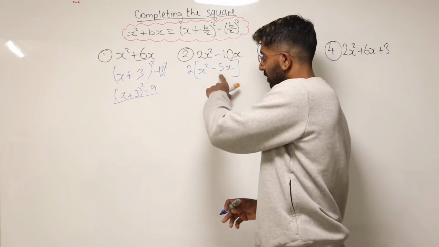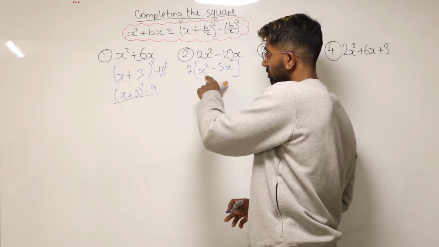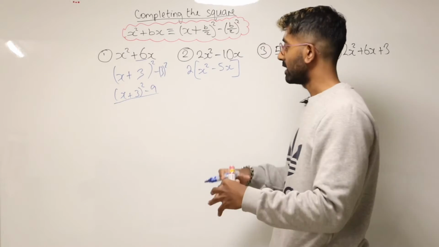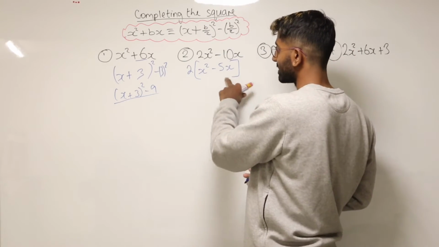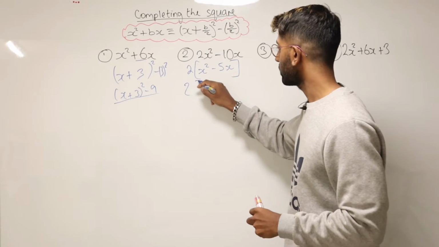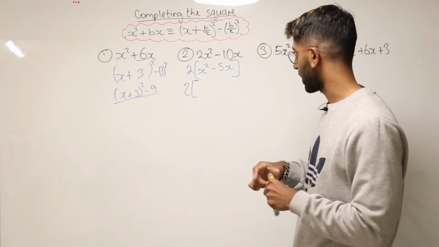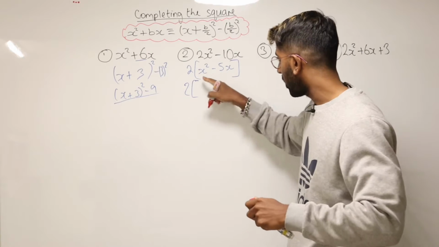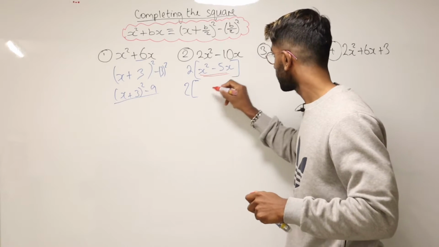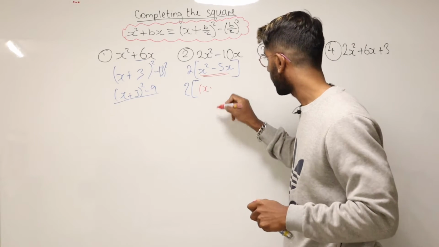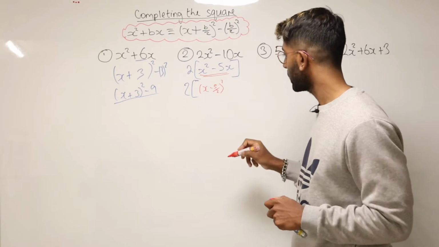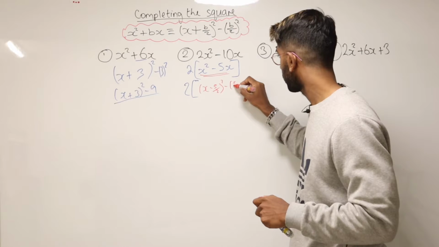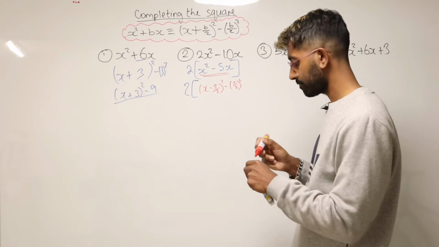Now inside the bracket, we can see this looks like it does over here. And so what we can do is complete the square as we do normally inside the bracket. So I'll put a 2 here. I'll open up my square bracket. And then for this part, we're going to start to complete the square. So we'll have x minus, and we half this coefficient, so 5 over 2 all squared, and then take away 5 over 2 squared.